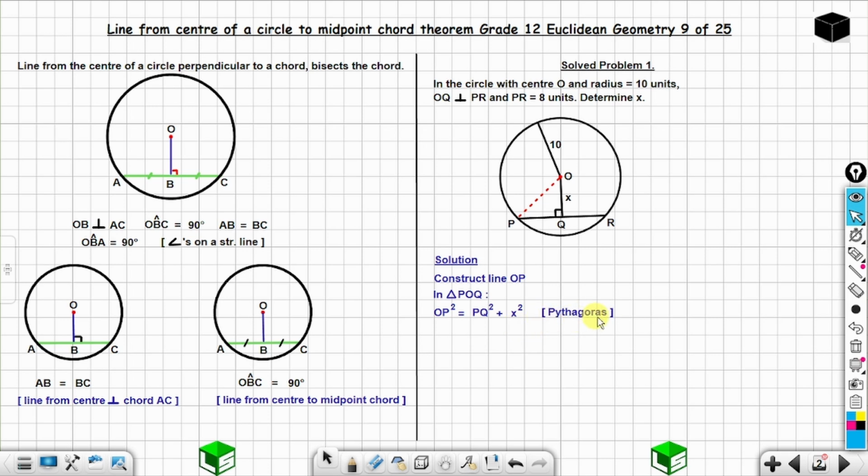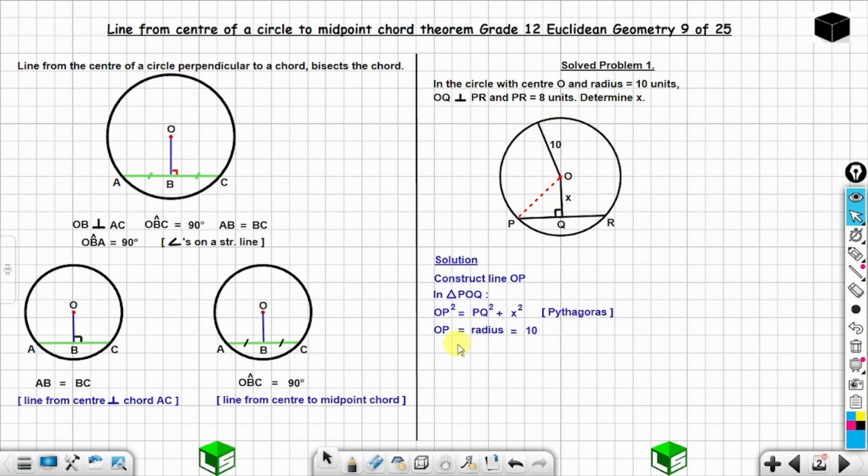Now OP is equal to the radius, so this is equal to 10 units. This is also a radius, because you have equal radii.